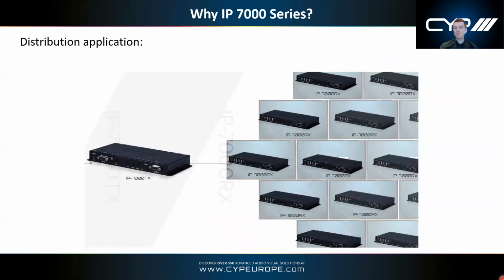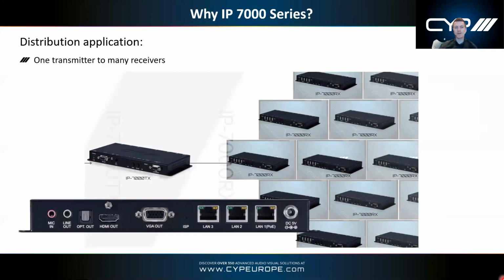You might then want a distribution application, so you don't need the control element. You don't need to run it with a separate network switch. You can just run one transmitter to many receivers. That's done thanks to the fact that our transmitter, the TX model, sends the signal out to the RX in a traditional fashion, but then the receiver has these additional LAN connections.